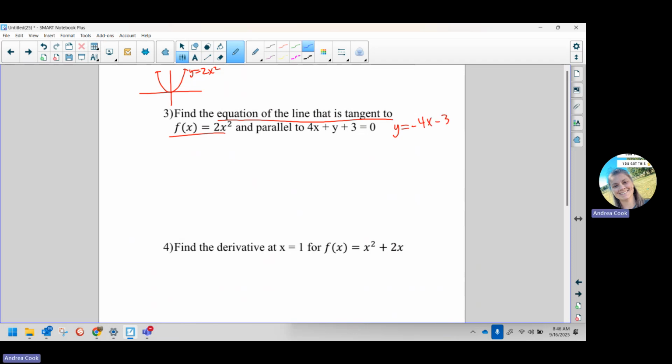So if I take this line, it's going to look something like that. So what I'm trying to do is find a point on here where I can make a tangent line that's parallel to that blue line. All right, so that's my goal, is to figure out what this green line is.